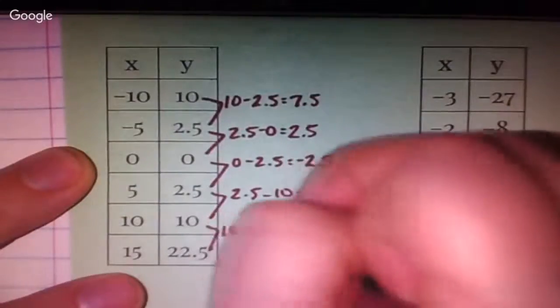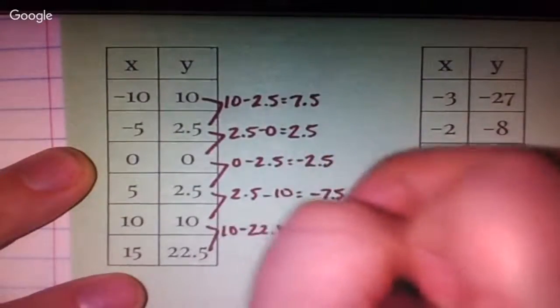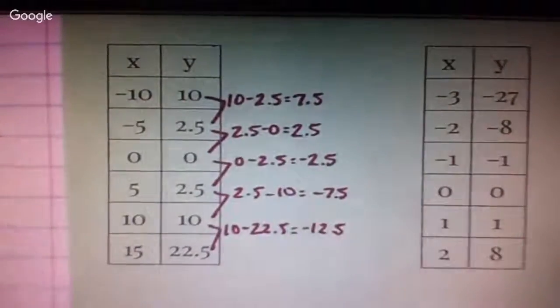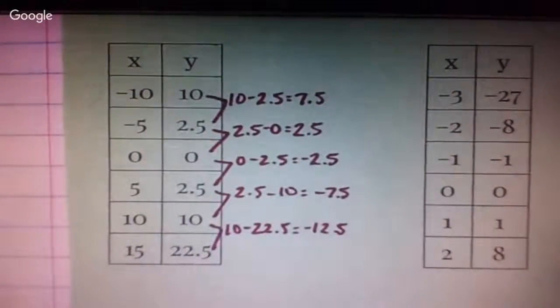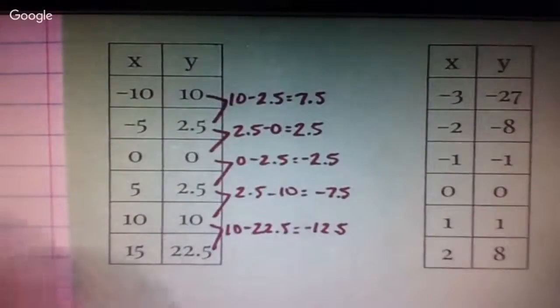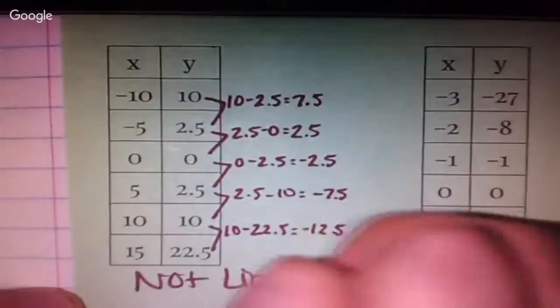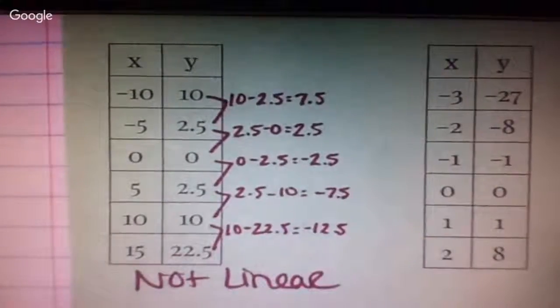And finally, 10 minus 22.5, negative 12.5. So we know this is not linear.